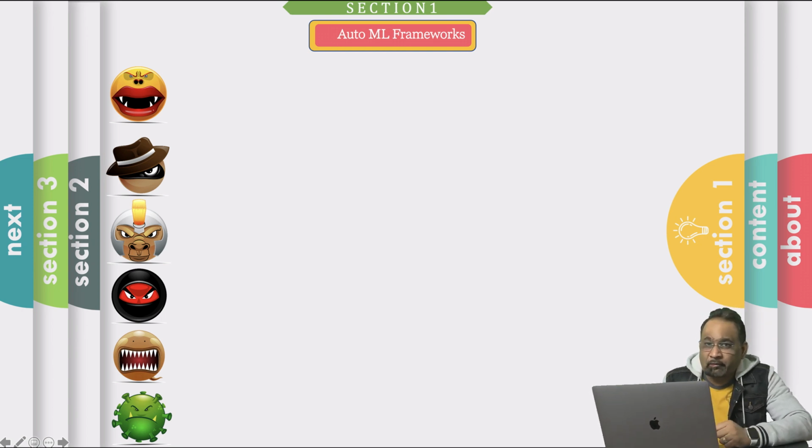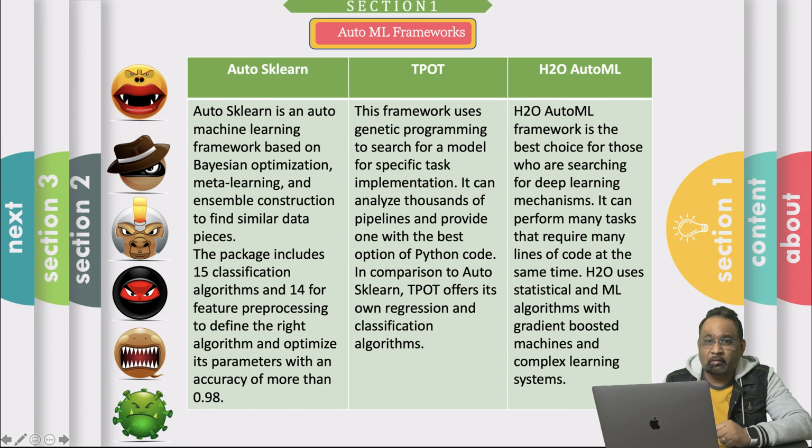There are many AutoML frameworks available in the market today, and they are all trying their best to get the major market share by providing various features. Here I am mentioning the top 3 among them. First, Auto-sklearn. Auto-sklearn is an AutoML framework based on open meta-learning and ensemble construction to find similar data pieces.